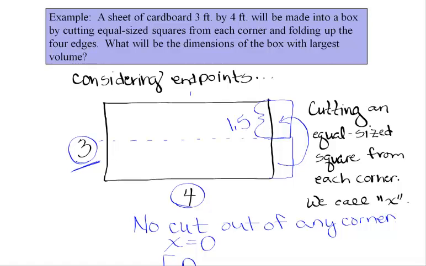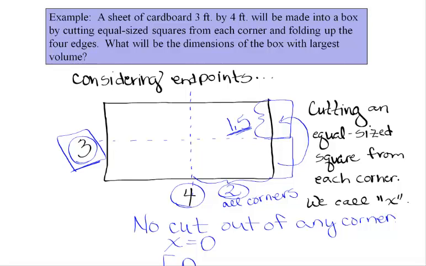Now, I could fold in this direction, and that would make x 2. But my problem is I can't take 2 out of all corners. I can only take 2 out of 2 corners. So that's why I say 3 is the biggest constraint. 3 is the smaller value. 3 is going to tell me how big of a cut I could actually get out of every corner.